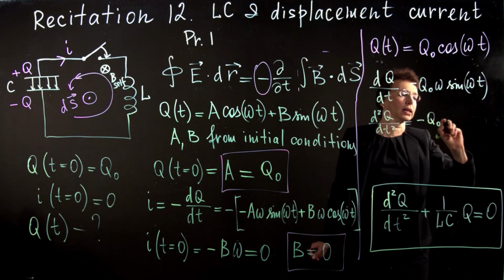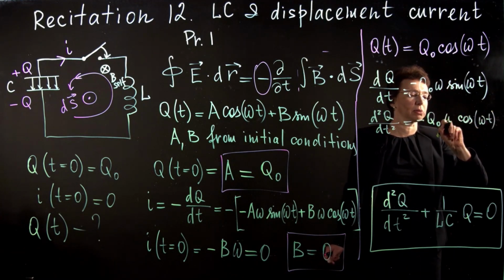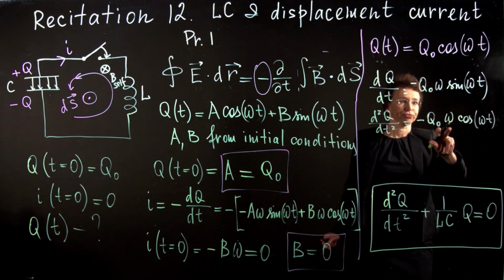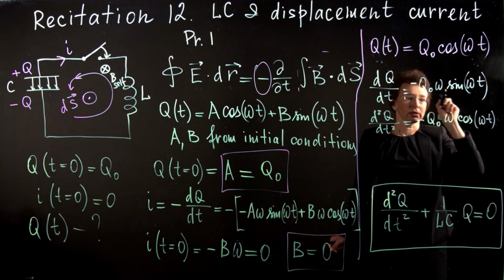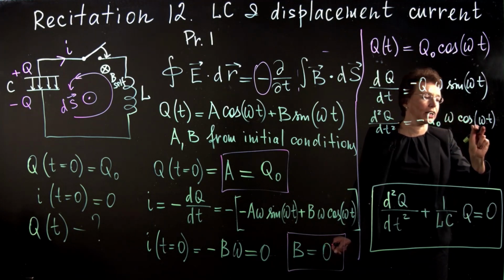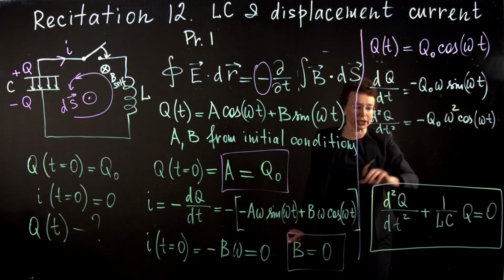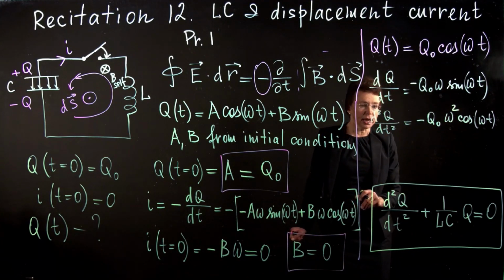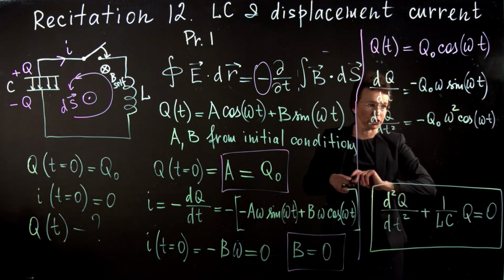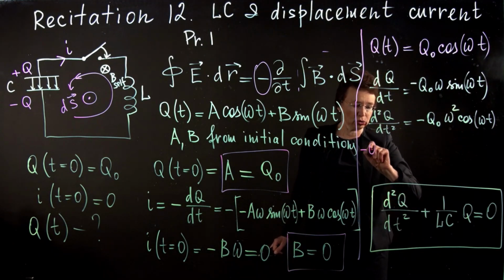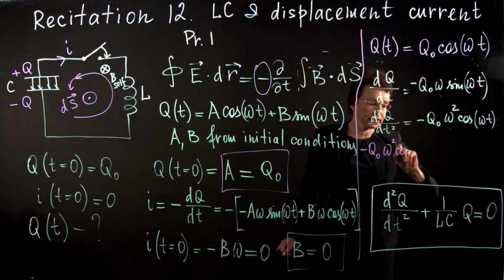Derivative of sine is cosine omega t, and the chain rule gives me omega. And I already had omega, so I missed this omega. I'm sorry. So one omega was here, chain rule gives me another omega, so I have omega squared. Now this is d²q/dt², and I'm ready to bring it back into my equation. So I have minus Q naught omega squared cosine omega t.